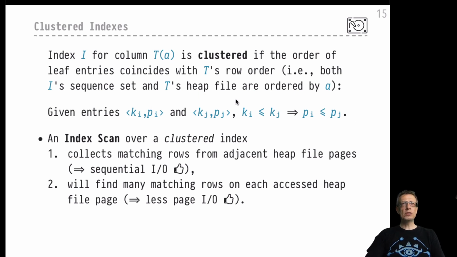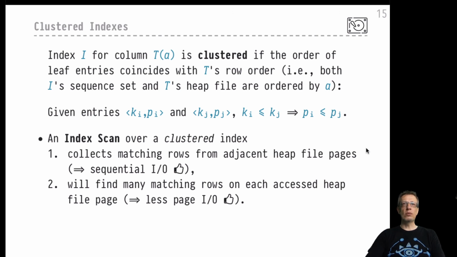Okay, when we scan such a clustered index, then it will collect matching rows from adjacent heap file pages. So if I perform my scan from ki to kj, all right, so I'm scanning from smaller to larger key values, I will scan the target file, the heap file of the table T, in a left to right sequential order.